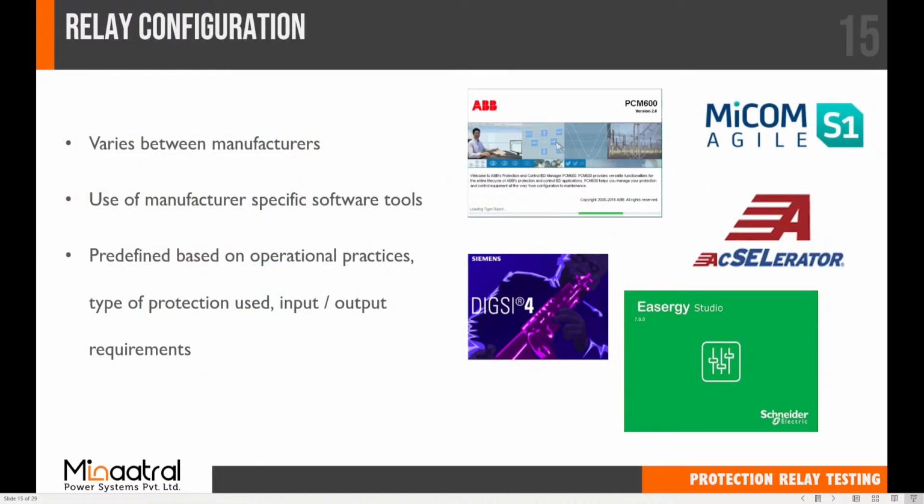A lot of manufacturers use their own software tools, but from a very generic perspective, the relay configuration is predefined based on your operational practices. It is based on the type of protection that we use, and also on the input, that is analog or digital, as well as your output requirements, right?